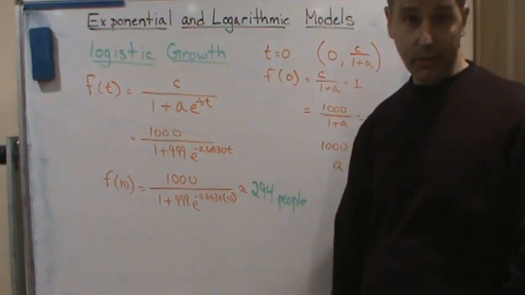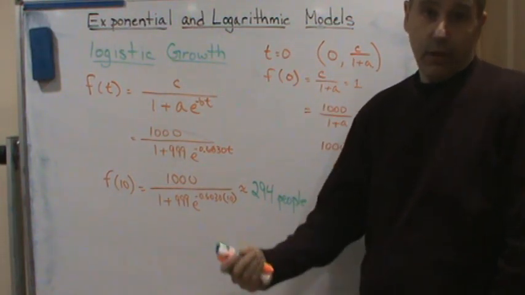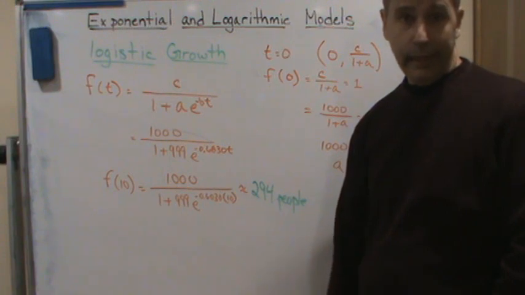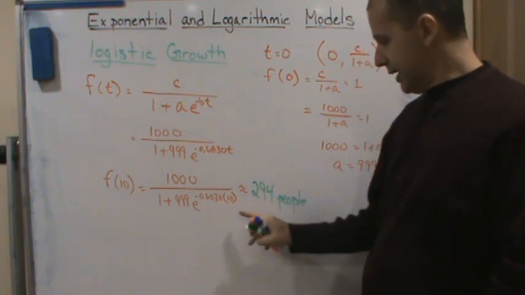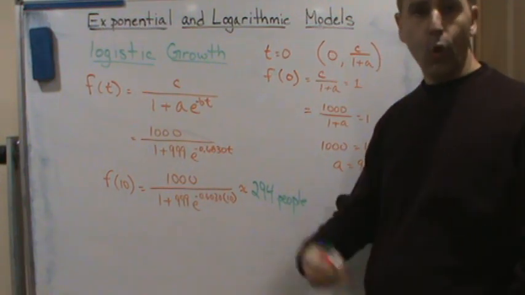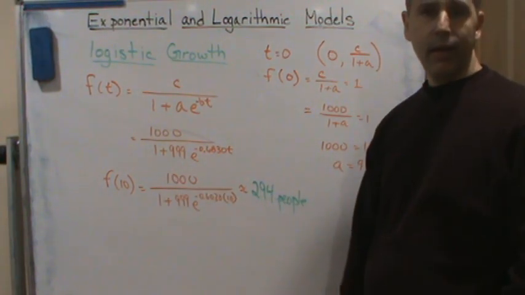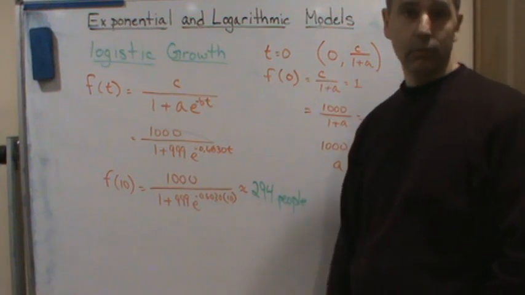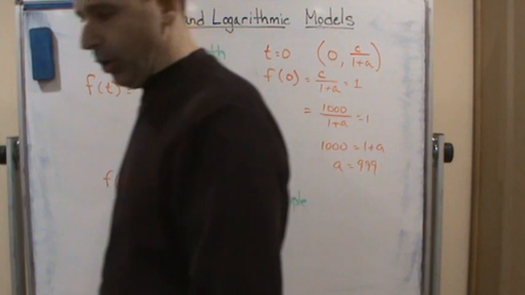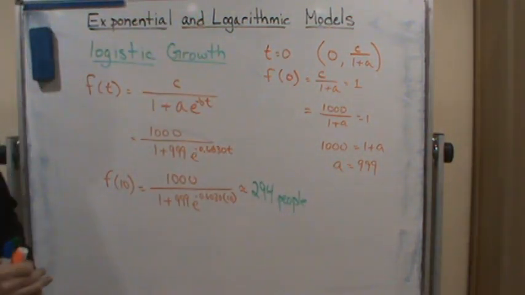So that's the answer for that one. So after 10 days, there'll be 294 people. If we go over a long period of time, then the maximum number will be 1,000, because that's what it's going to go towards. It's going to go towards the carrying capacity.